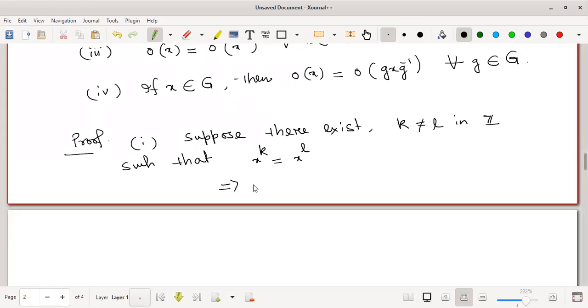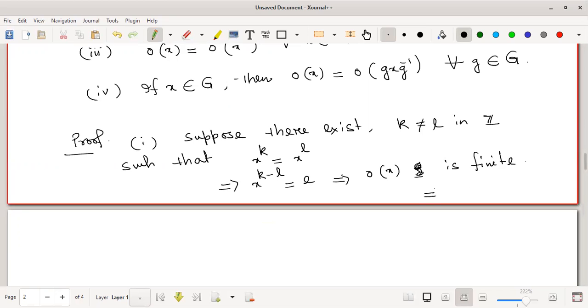This implies x to the power k minus l is equal to identity. And this will imply the order of x is less than or equal to, I don't know whether k or l is bigger, but at least we can say that the order of x is finite.